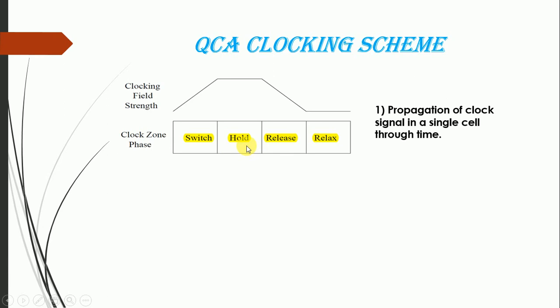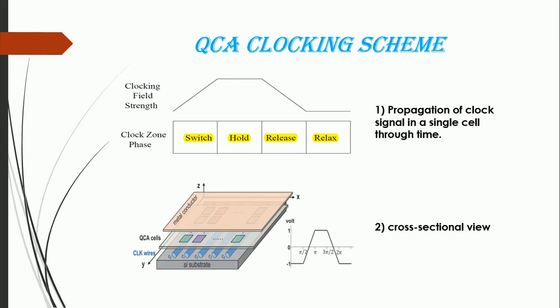Then it starts degrading its polarized state and moves on to the relax phase, where it completely loses its clocking strength, that is, the polarized state is lost and it is in the relaxed phase.